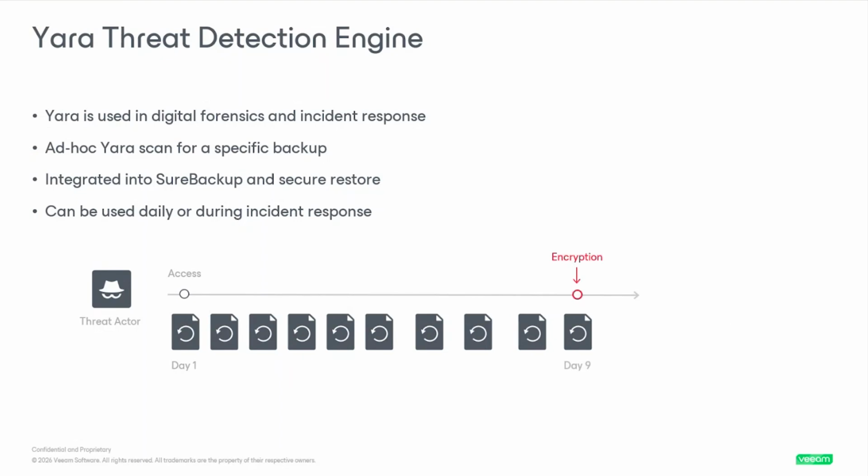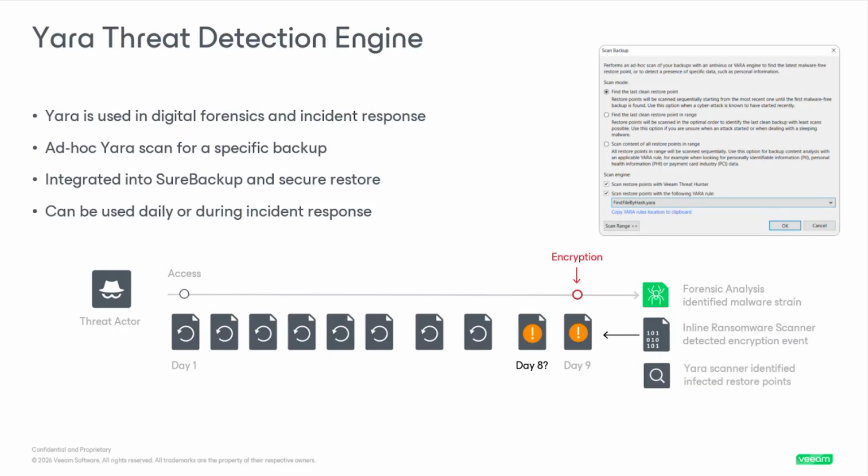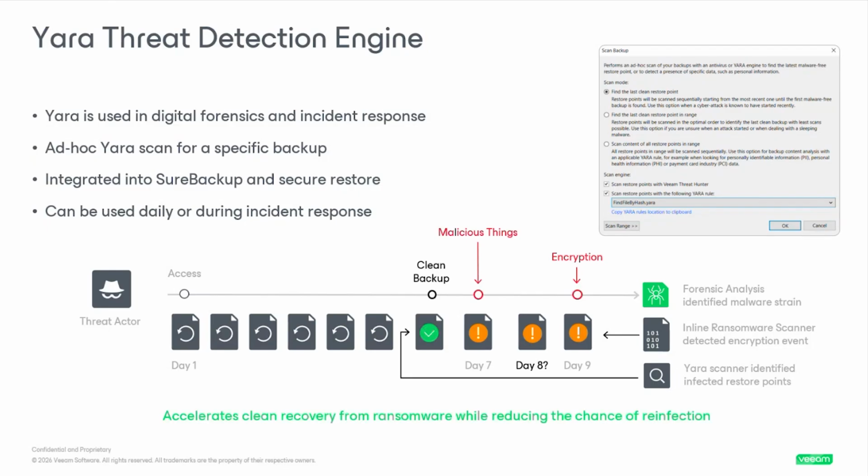Now, also, when it comes to encryption and how things work, once the data gets encrypted, the key behind Veeam is that we are going to flag those backups as encrypted. We will give you the ability to go back and use a clean restore point. So from a visual point of view, you can choose, find me the last clean restore point in my backups. But then also understand day 7, 8, and 9, those backups can be reused again.